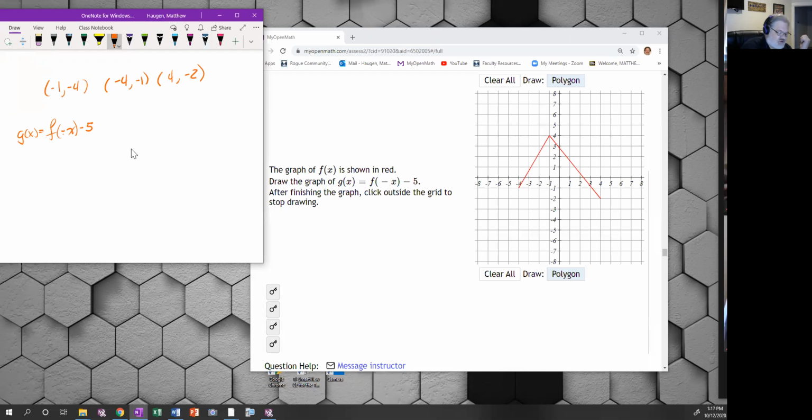So what's going to happen? That's going to multiply our x's by -1. So our x's are going to become +1, +4, and -4. And that's going to subtract 5 from the y's.